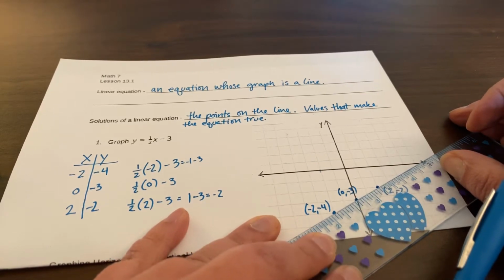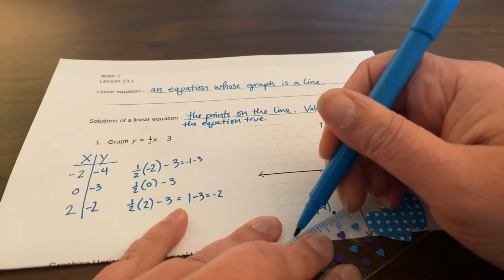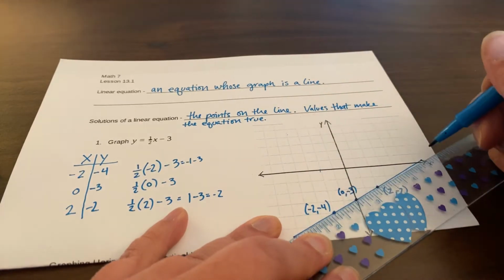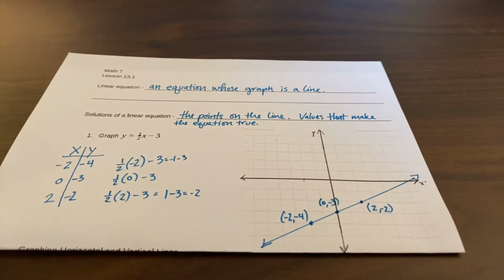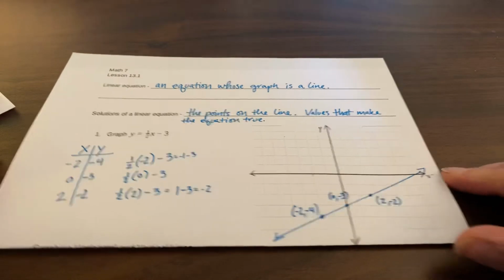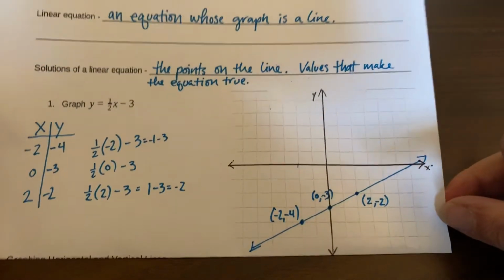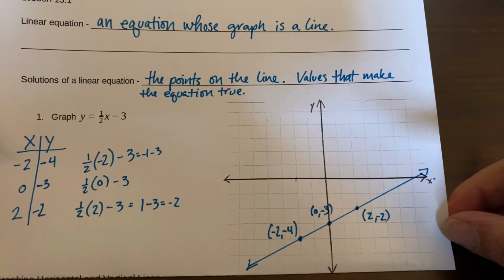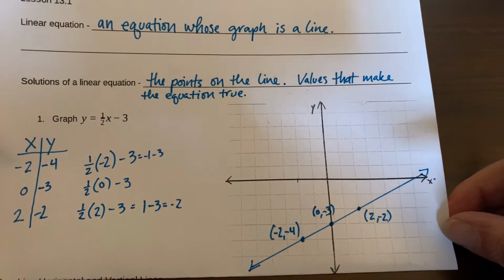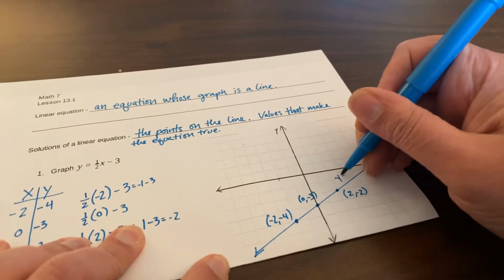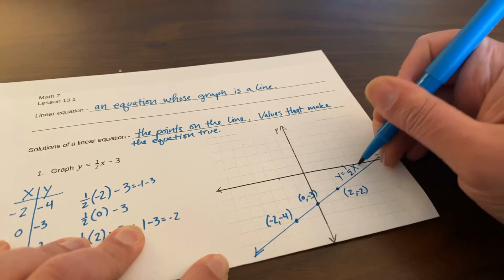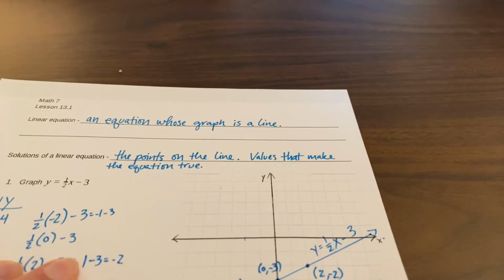But it is often helpful to label a few points. And we'll talk about that more in time, about which points would be helpful to label. So there's a graph of y equals 1/2 x minus 3.